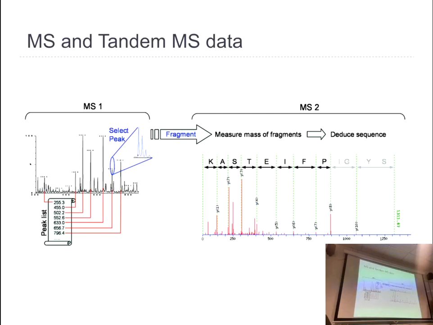Okay? So in our case this is what's going to happen. We're going to have a protein. Let's say this is our protein. We would cut it with trypsin. As we'll see in a minute, trypsin cuts after arginine or lysine residues.